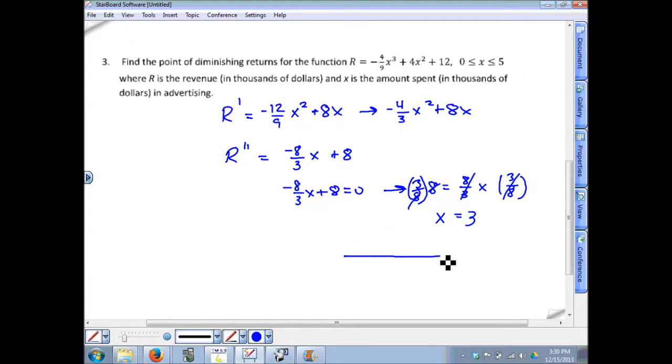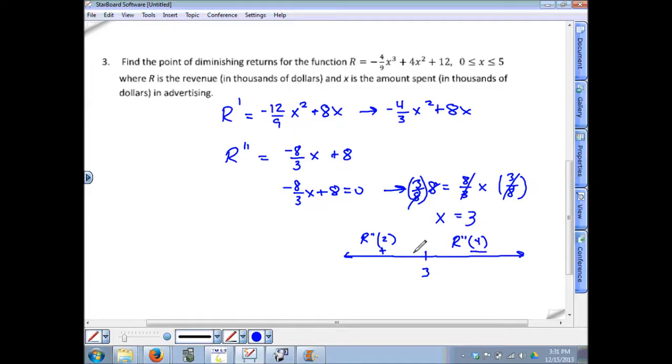Now to really prove this is a point of inflection, we have to prove that the concavity changes at that point, x equals 3. So if we test r double prime at some value less than 3, 2 for example, it turns out to have a positive value. If we test the double derivative at some point larger than 3, for example, that would turn out to have some kind of a negative value.